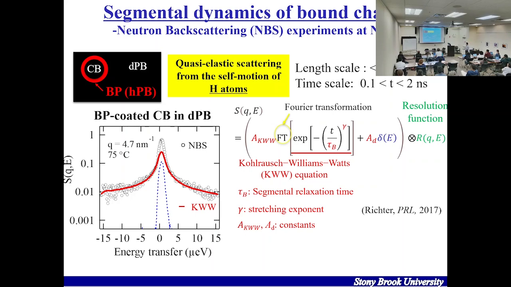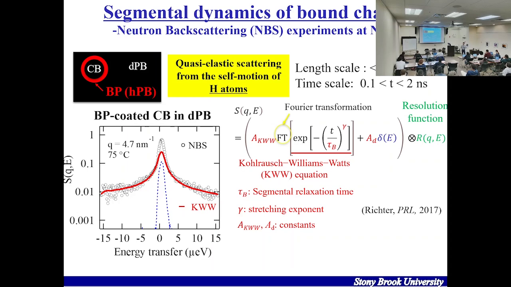We use the KWW function, and get the relaxation time of the segment and, at the same time, this exponent. We assume this is I(Q,t), do the Fourier transform, and convert into S(Q,E). That's exactly what we did in the class.